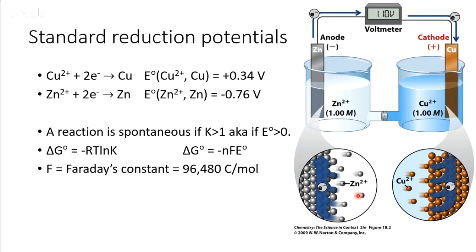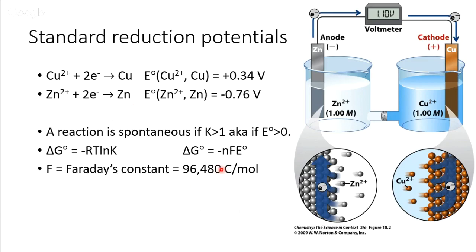The electrons are transferred from the zinc to the copper, and the reaction will be spontaneous in the direction that results in a positive potential or E naught value. The reaction is thermodynamically favorable in the sense that K is greater than 1 if the standard reduction potential is greater than 0.